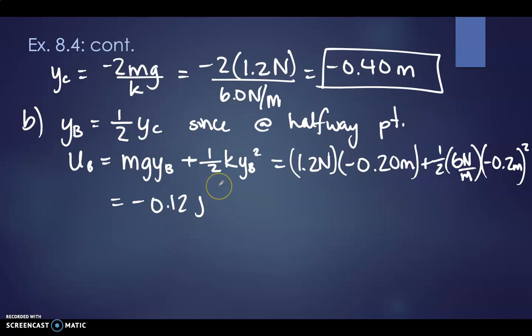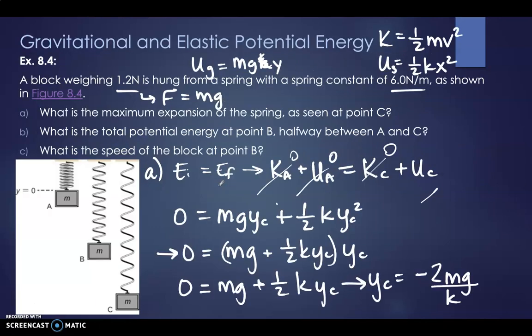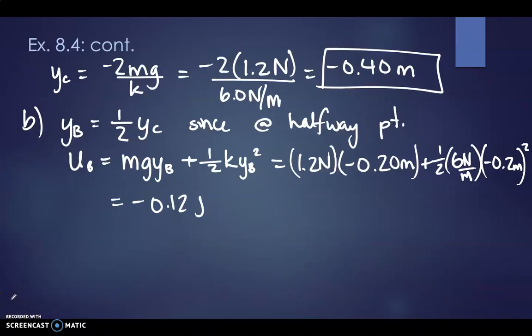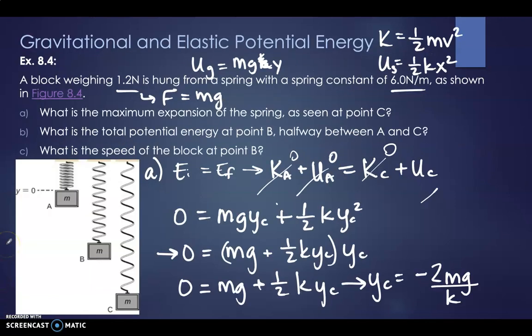If y sub c is negative, U would be negative. Yes, this does make sense. So we have that our potential energy at point B is negative 0.12 joules.